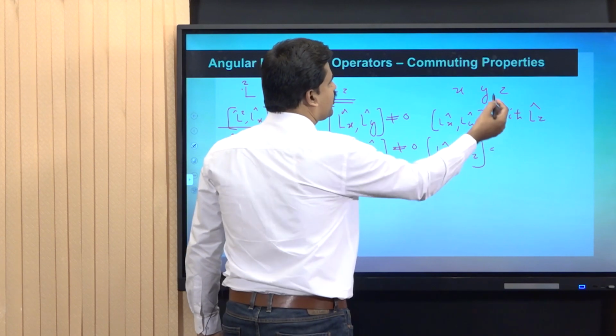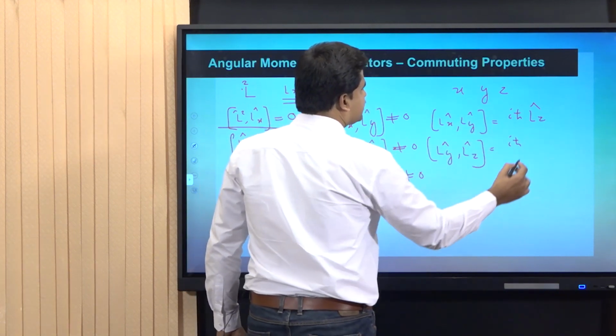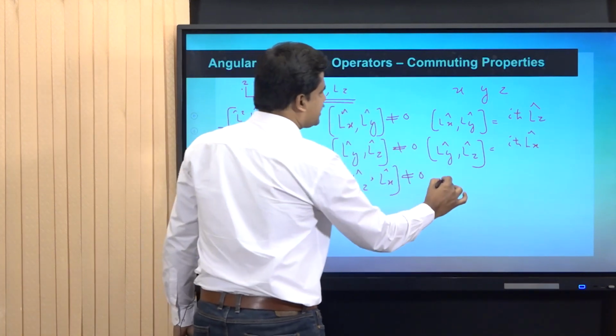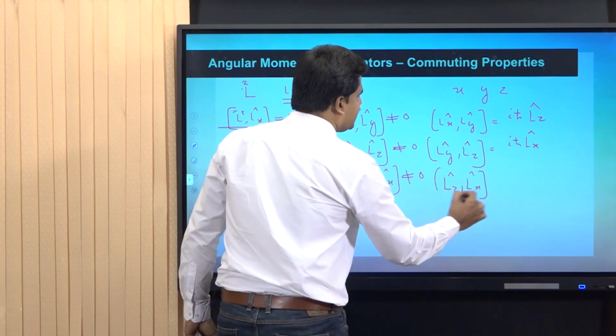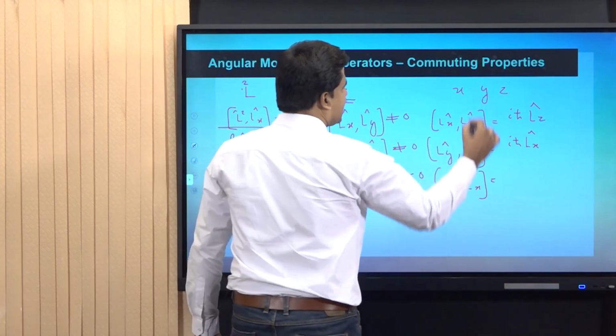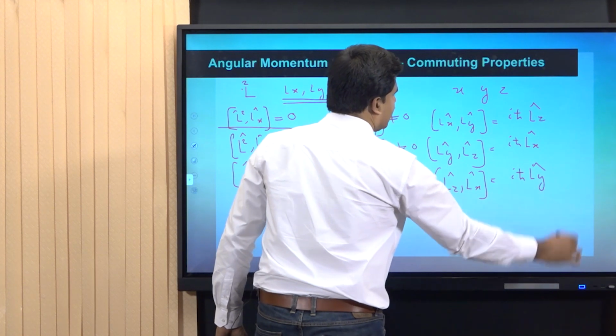Here one component is missing, that is Lx hat. So the result is iħ Lx hat. And for the last case, [Lz hat, Lx hat] is equal to, with one component missing, that is Ly hat. So the result is iħ Ly hat.